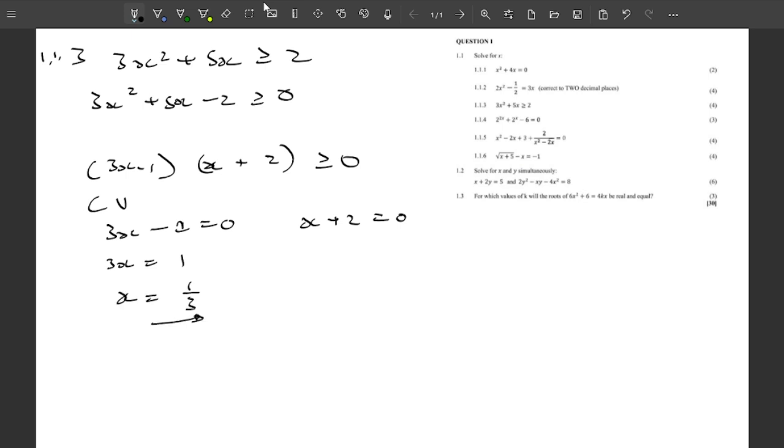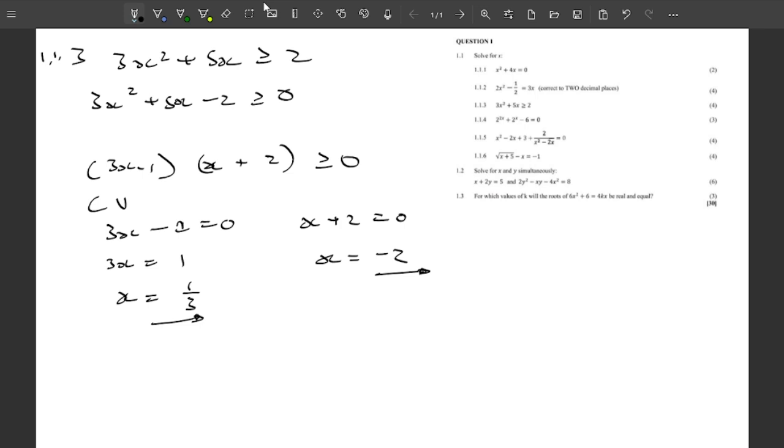This is the first one. For this one, x equals minus 2. There's no need for you to do much, but since it's an inequality, you have to know in which interval the answer is going to be found. For this one, you can use any method.